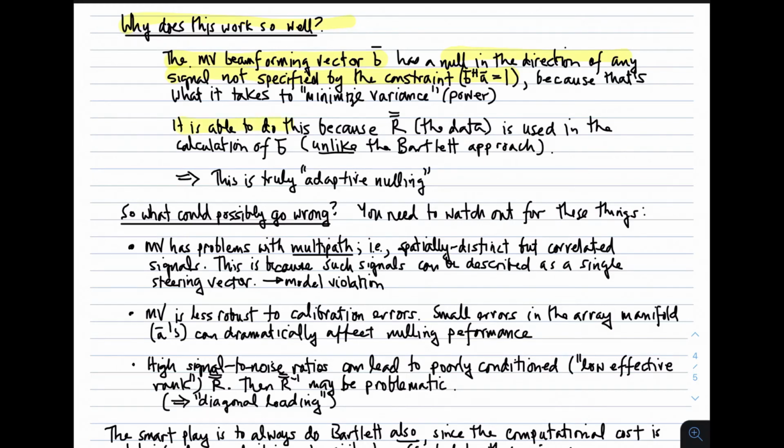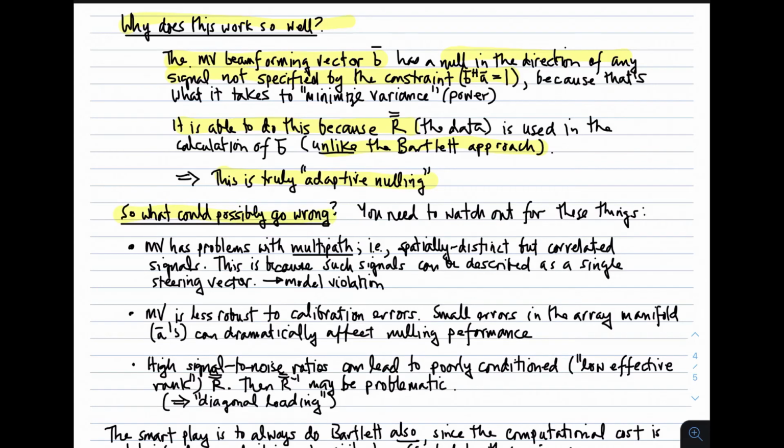Well, it knows to do this because we gave it the data. The data is a spatial covariance matrix. And this is unlike the Bartlett approach, where the Bartlett approach does not have access to the data. So this is a true example of adaptive nulling. The MV beamforming vector is, in fact, an adaptive nulling beamformer.